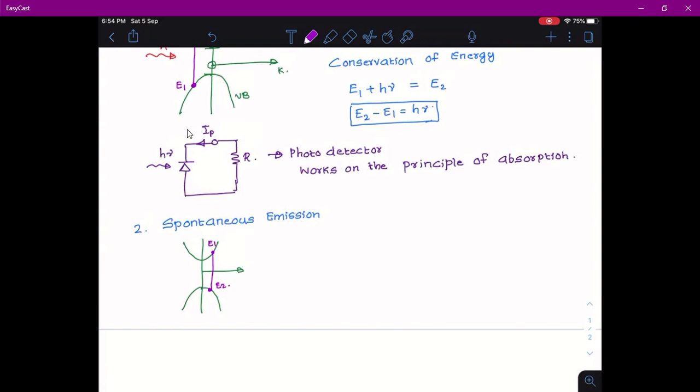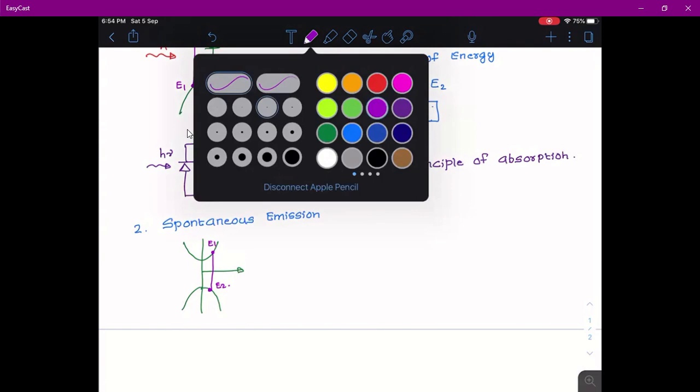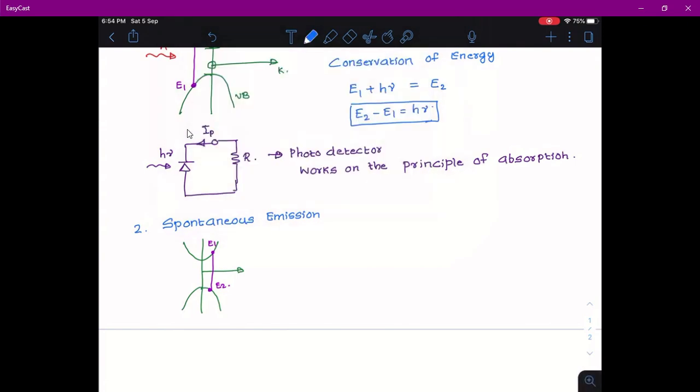There is no external photon hitting or providing extra energy. It just makes a downward transition to a hole in valence band.